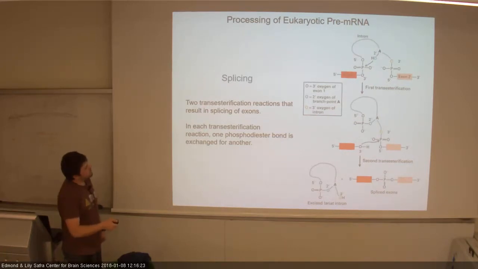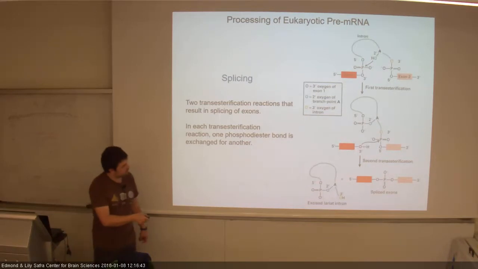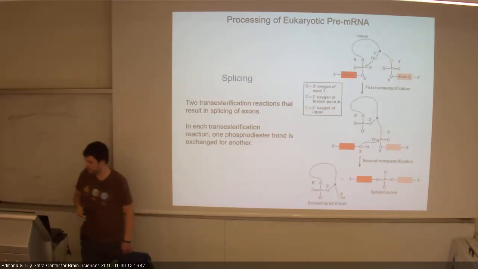You can see here molecularly how the initial step is the attack of this OH on this phosphate, and then this oxygen attacks this phosphate, which leads to the cleavage of the lariat and the connection of these two segments together.